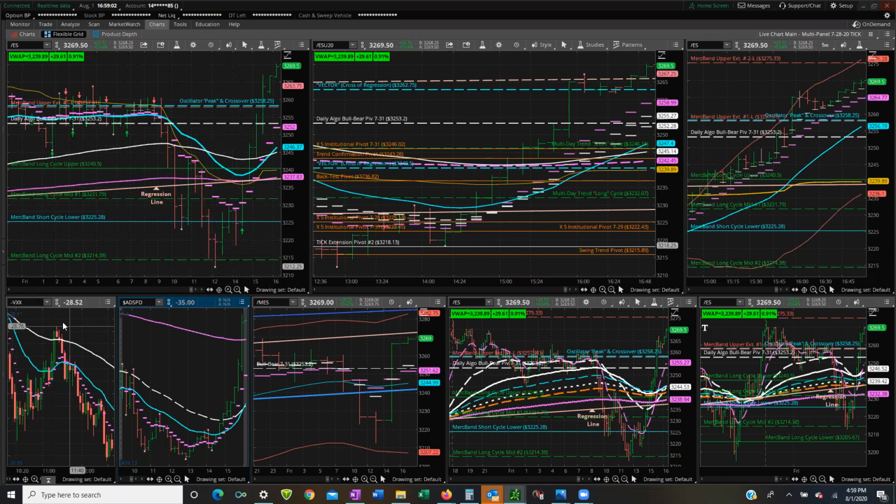What we have down here on this panel is the inverted VXX running on a very short time cycle, 4 minutes. And the reason I've got it inverted is because all we're looking at with this chart is to see if there's a divergence. So by having it inverse, this should be going up when ES is going up, and this should be going down when ES is going down. And we've got this on a very fast cycle, 4 minutes.